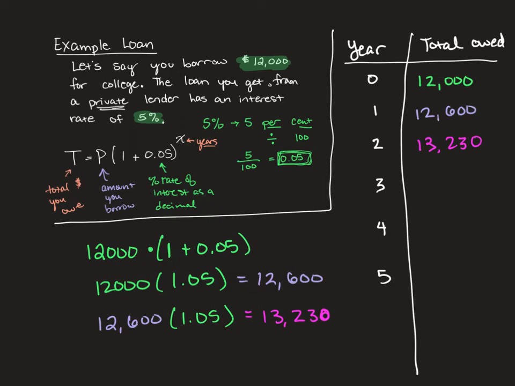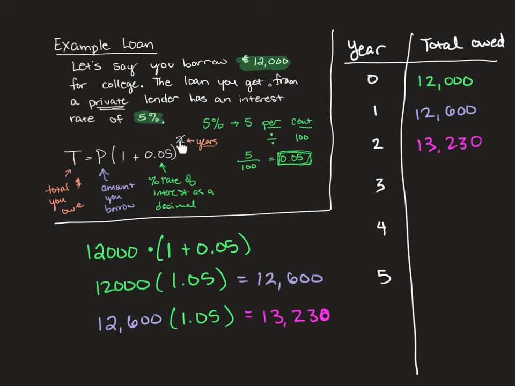But the other thing that you could have done, instead of making this a recursive sequence where to get this number, we need this number, and to get this number, we need this number, is I can just jump straight down by using this little exponent. So right here, this P is my 12,000. The 1 is the same. That's just keeping my regular amount. The 0.05 is the same.